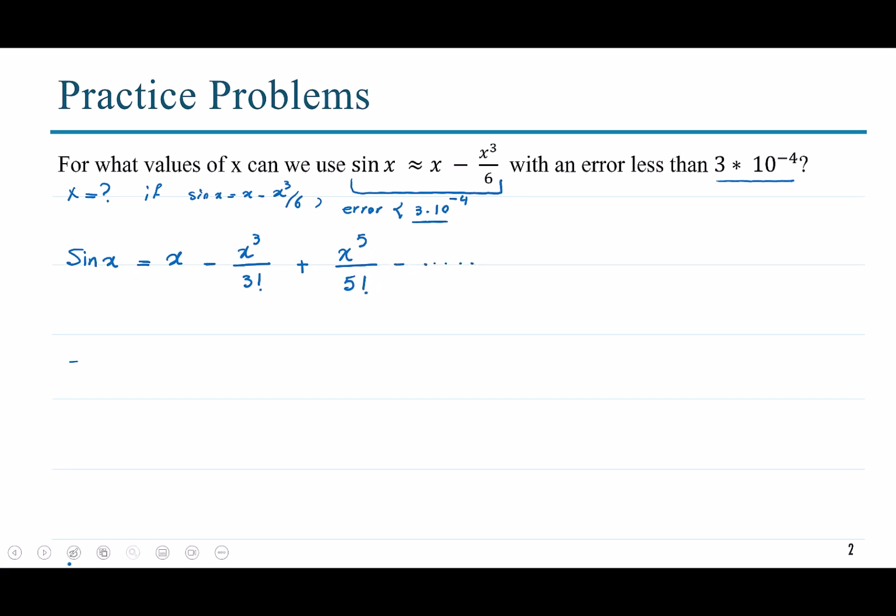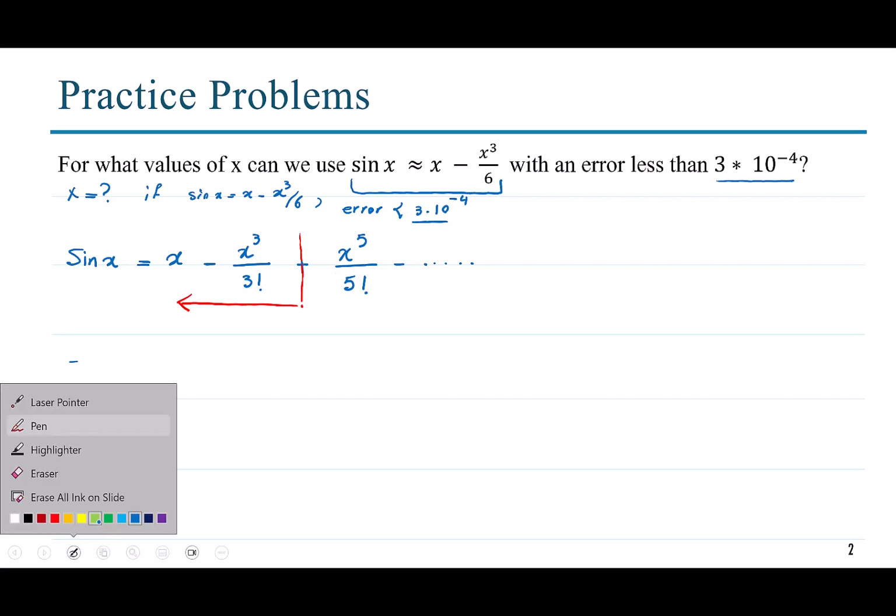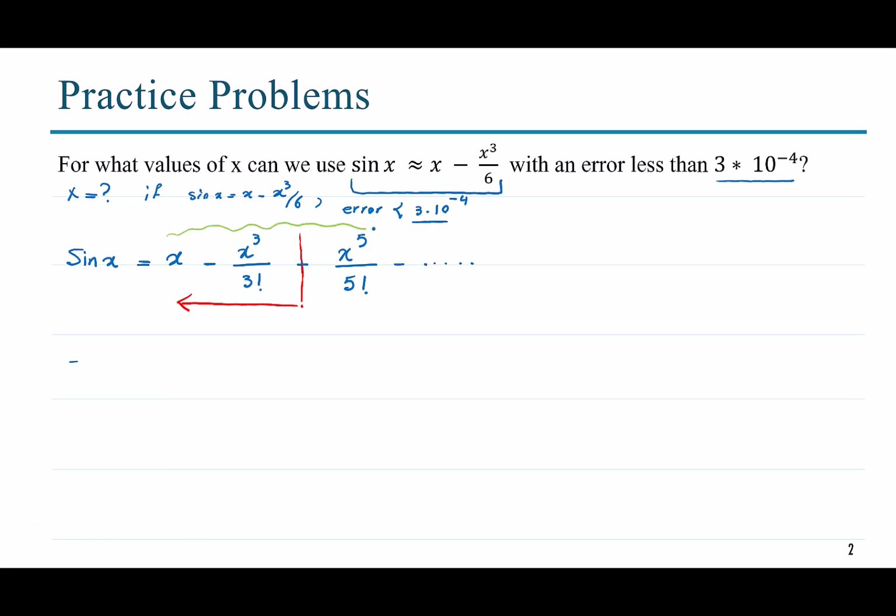So this is the Taylor series. Now, what we're doing, we're cutting off here and only using terms before here. One way we can look at this series, so this is a series, right?